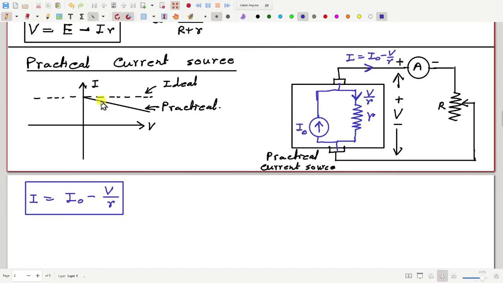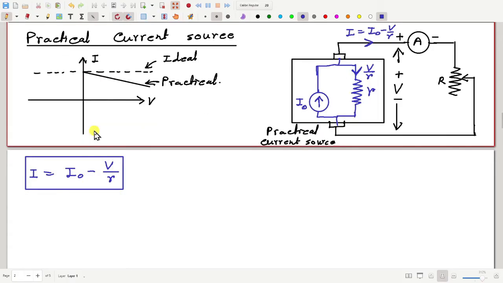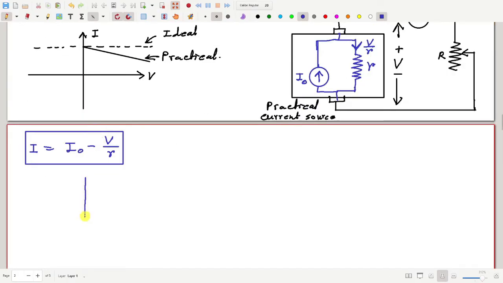And you may also draw this graph as follows, with y-axis as voltage and x-axis as current. Then how will the graph look? Like this. As voltage increases, current decreases.